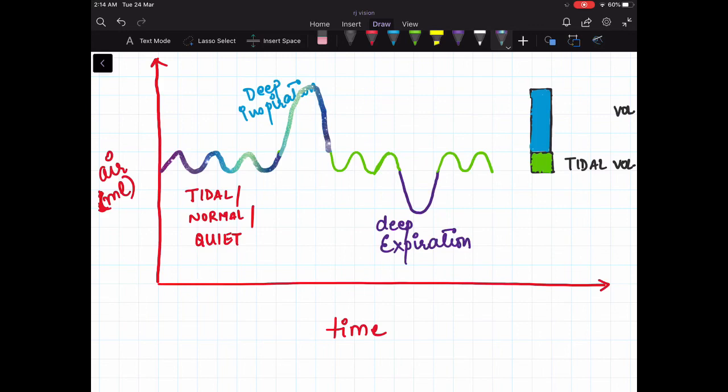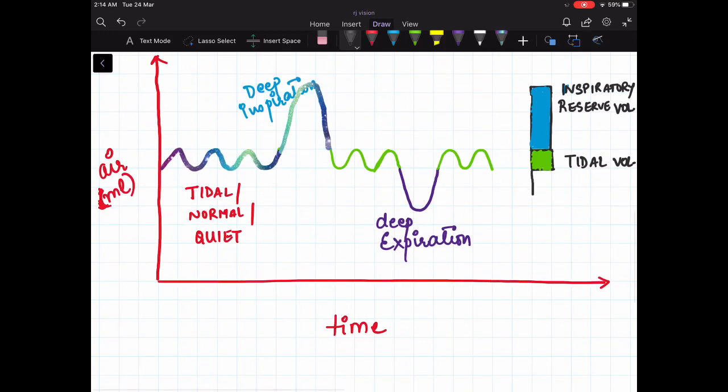So this extra amount of air is known as the inspiratory reserve volume. And what about this air which you are giving out after your normal tidal expiration?